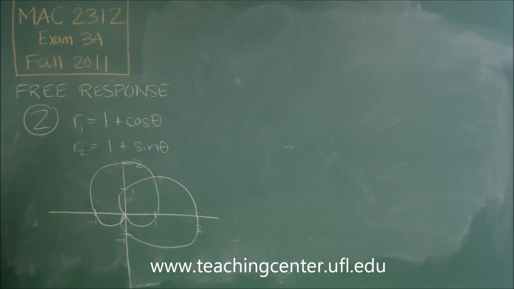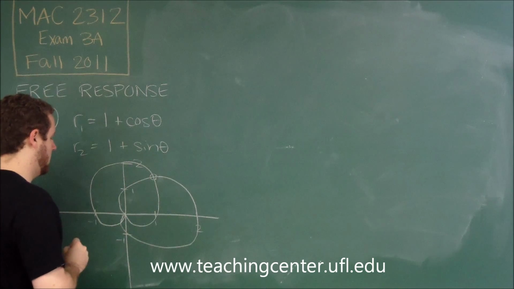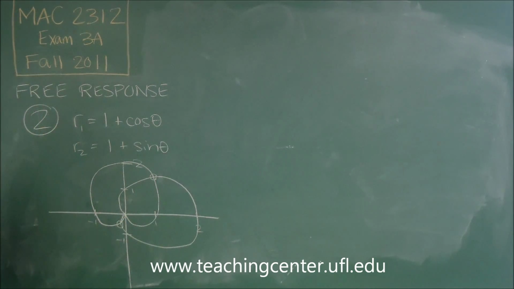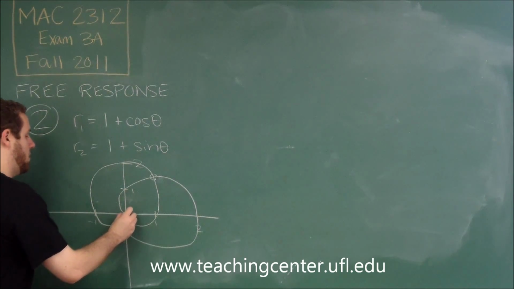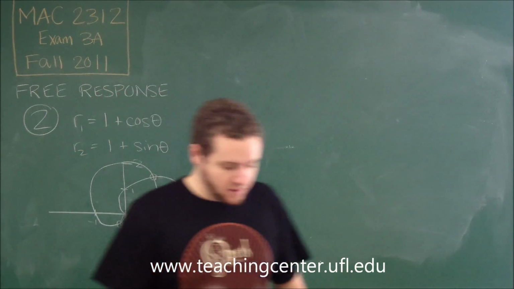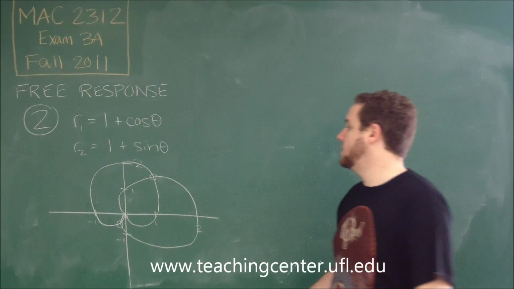Okay. So we have two graphs here, and they have a couple of intersection points. We have one intersection point here. We have another intersection point down here. And technically we have a third intersection point at the origin because both of them do touch the origin. So we have 3 intersection points, but let's figure out what their coordinates are.